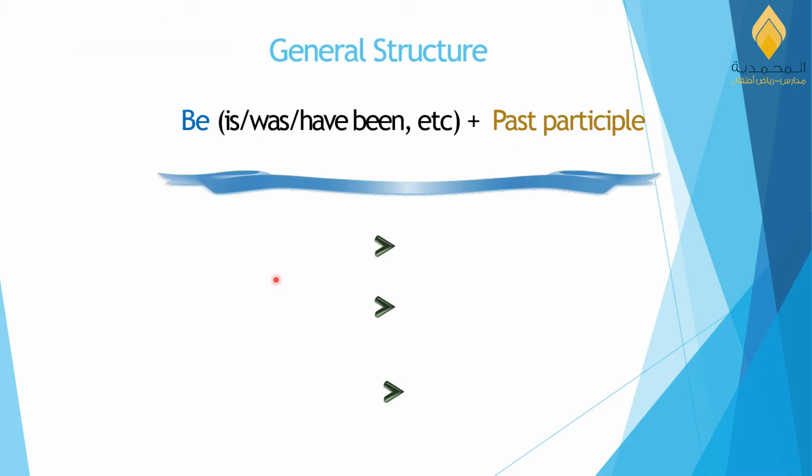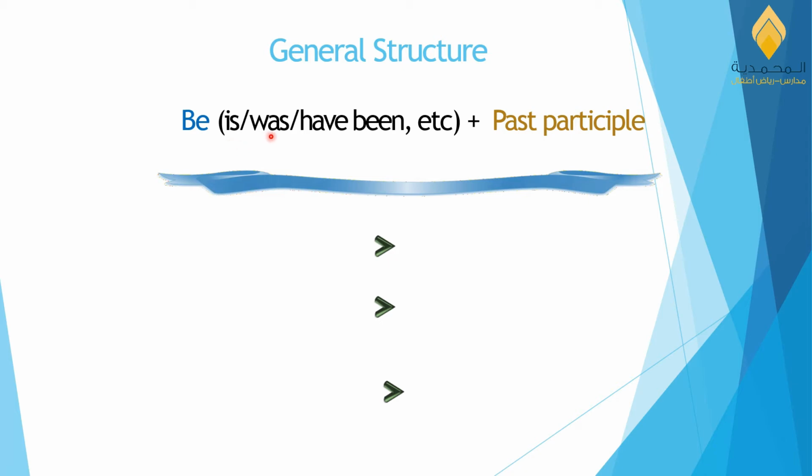Before we start an exercise, let's have a look at the general structure of the passive sentences. As I told you, one of the most important components is the verb to be. So you have to know the conjugations for the verb to be. I already gave them in the previous slides. If it is a present simple, you have to use is, are, or am.